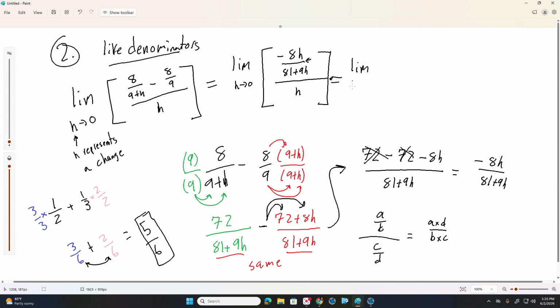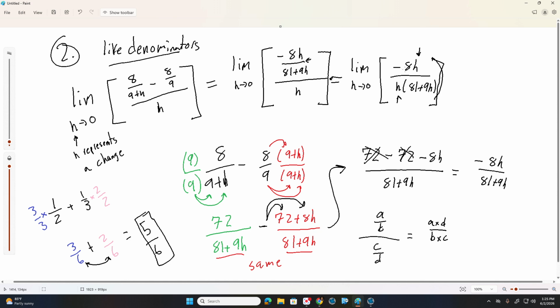So expanding this out, the limit as h approaches 0 of, this is negative 8h divided by h times 81 plus 9h. And wouldn't you know it, we have an h in the bottom and an h in the top. H divided by h does not equal 1.